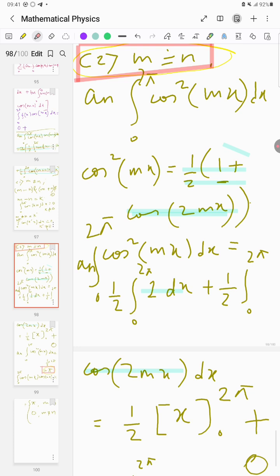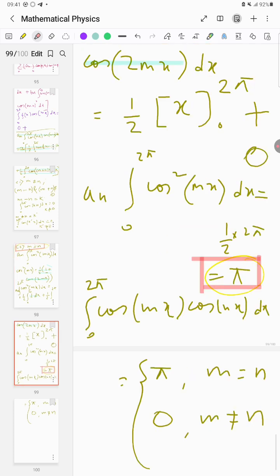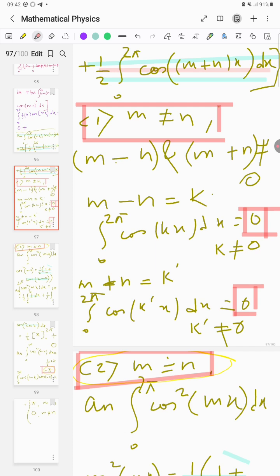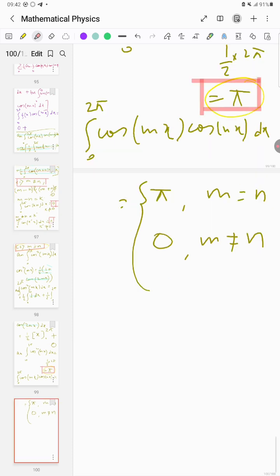And we got 0. Where's the 0? I think this was the one. So we got 0 when our case was m not equal to n, right? So this is what we can infer.